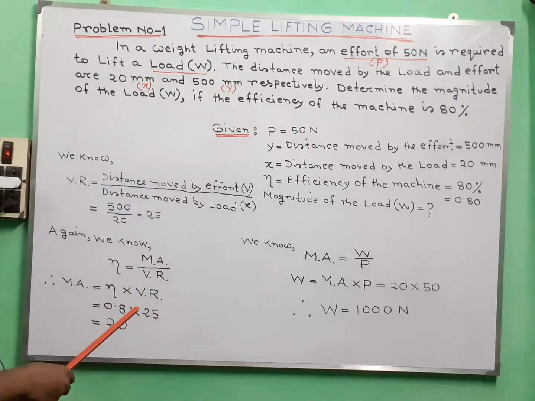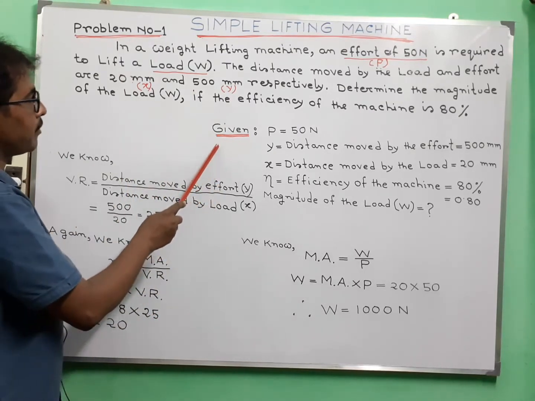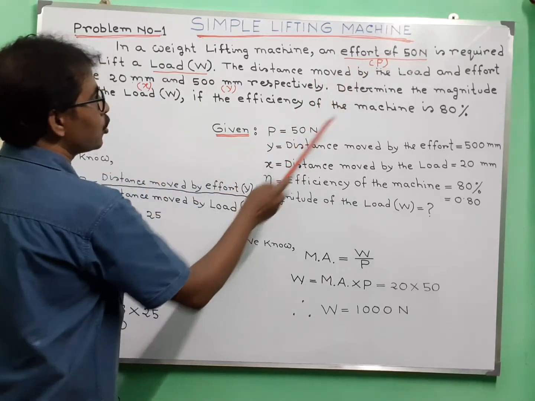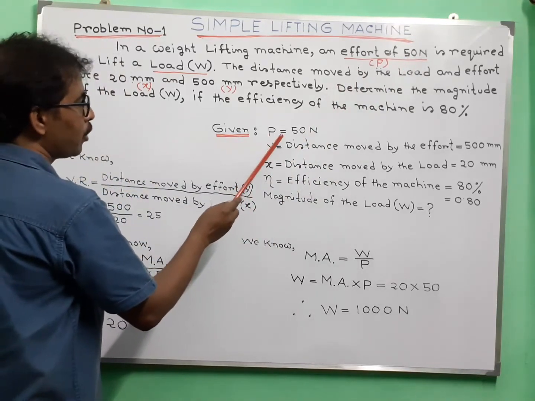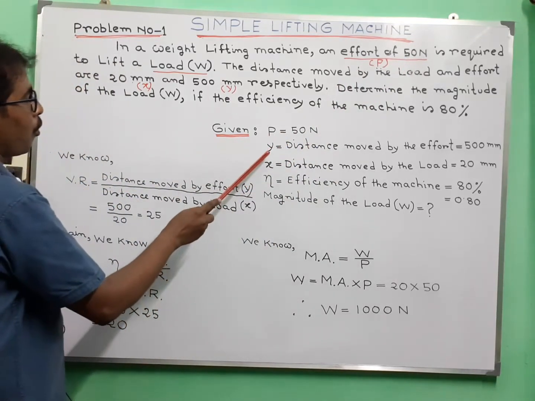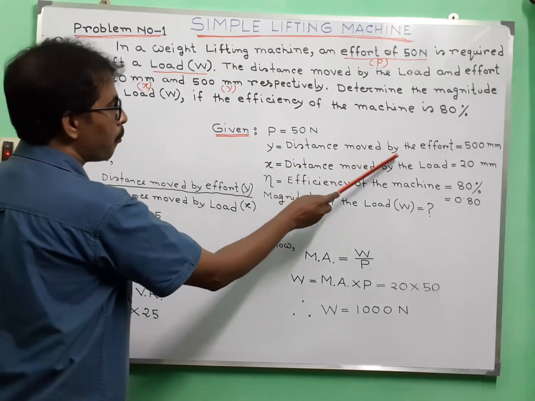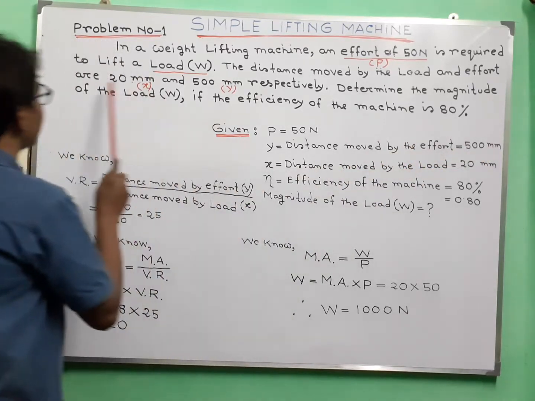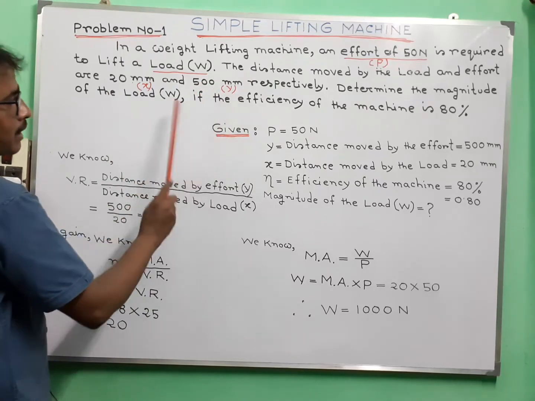Now first, what is given in our problem? Given effort P equal to 50 Newton. Y equal to distance moved by the effort equal to 500 millimeter.